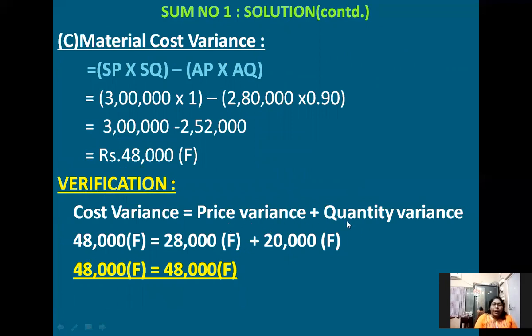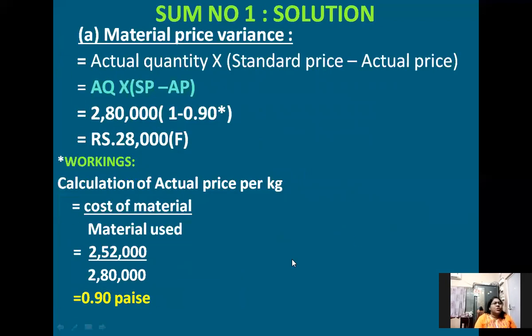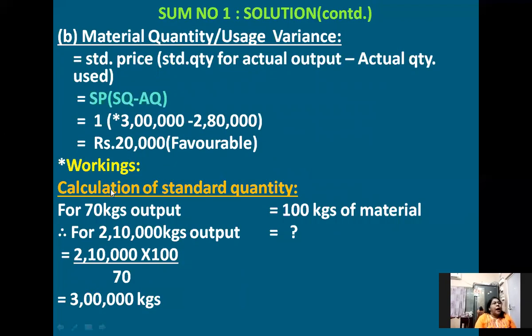Once you calculate the price variance and quantity variance, you can calculate the cost variance, because cost variance is equal to price variance plus quantity variance. Price variance is 28,000 and quantity variance is 20,000 as per our working. Look at the answers in the previous slide. Material price variance we calculated as 28,000 and the volume variance, I mean quantity usage variance, is 20,000.